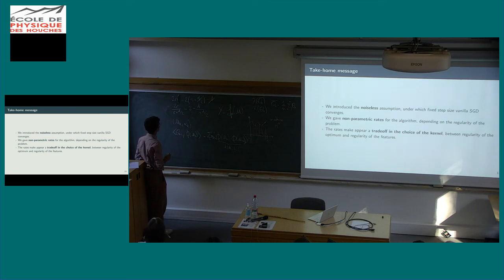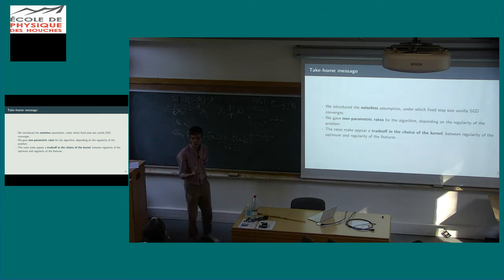You divide by R, you get this. And what you see is that to have a big rate, you need R to be as large as D, which means that smoothness regularity is not the right notion to measure things in high dimensions. And this is not a surprise.